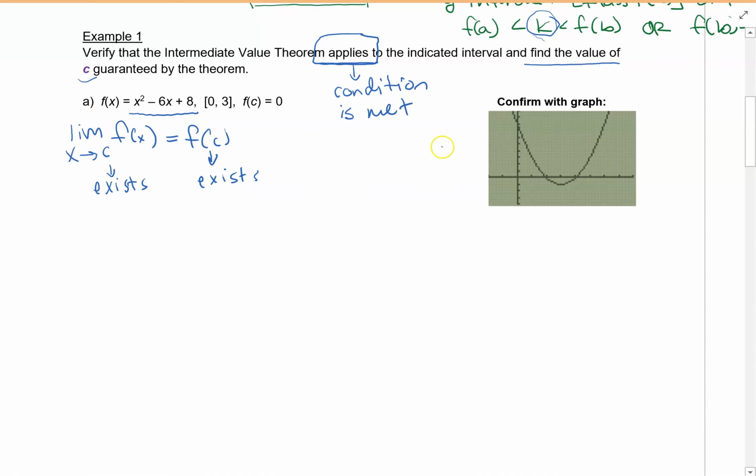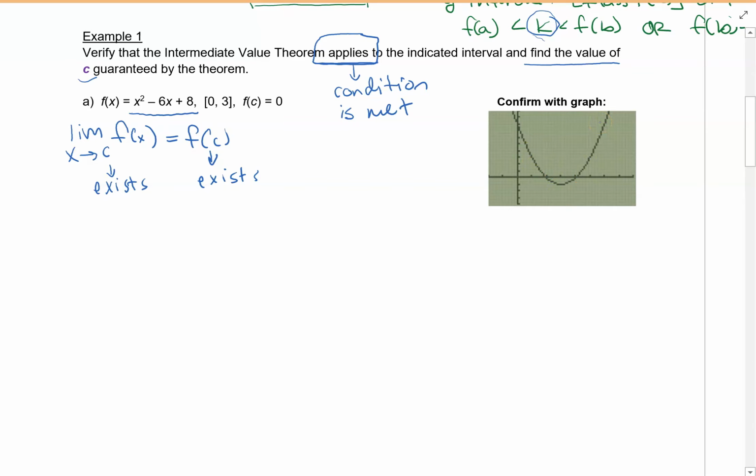So just a quick glance over here at the actual graph, right? It's going to be a parabola, and these functions have no holes, no jumps, no asymptotes. For every c value, not even just between 0 and 3, but for every single c value on the real number line, these conditions are all met. The two-sided limit exists, and the function is evaluated at the same point all along there. The limit equals the value of f all along.